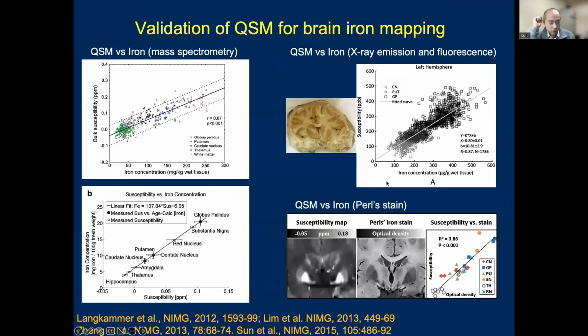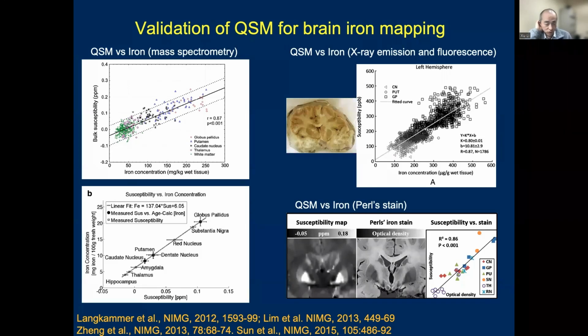Of course, besides seeing the brain structures, we are also interested in measuring the tissue composition and also brain function in different neurological diseases. Because the major paramagnetic source in the brain is tissue iron, we can normally infer the tissue iron content from those positive QSM measurements.